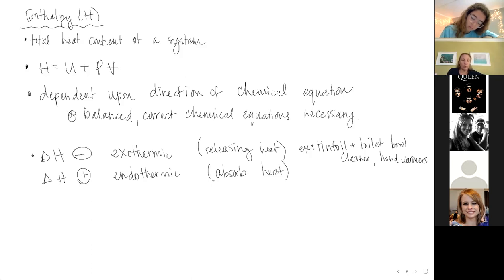What about examples of endothermic reactions? Yeah, so a refrigerator system, ice cream, maybe melting ice cube can be one.